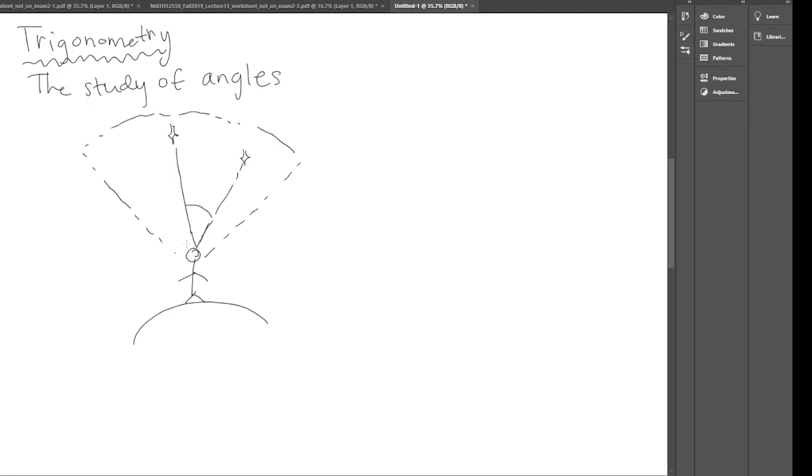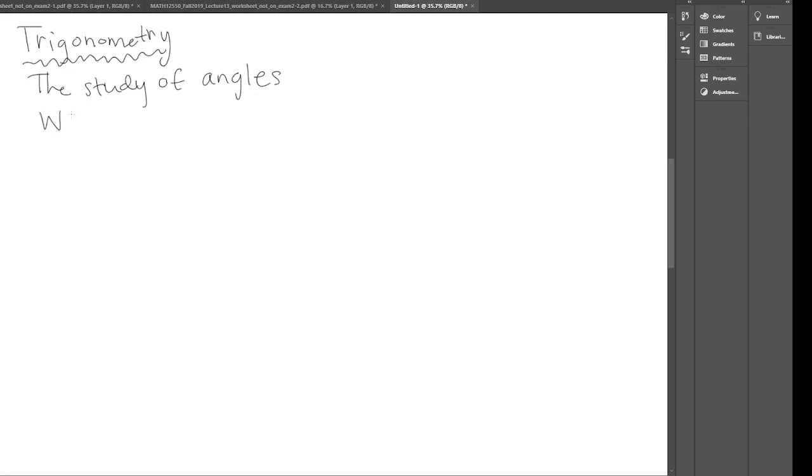We'll get to that again in a little bit. But the idea here is that trigonometry asks questions about how to measure, understand, compare, and solve problems involving different angles. In order to understand what I mean by that, we have to jump into talking about what an angle is. So let's do that here.